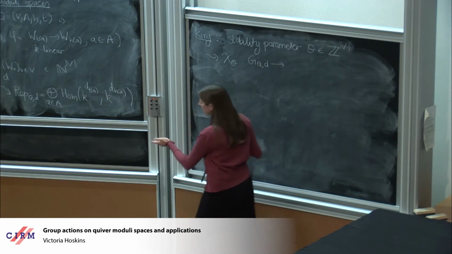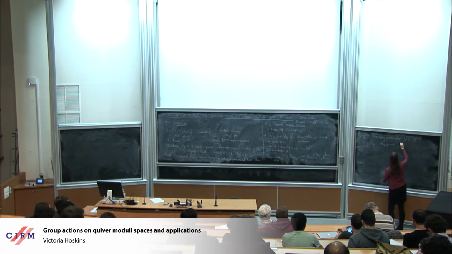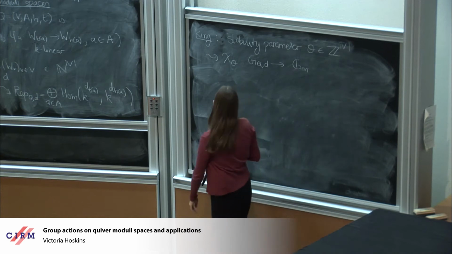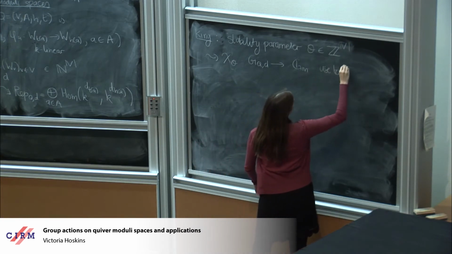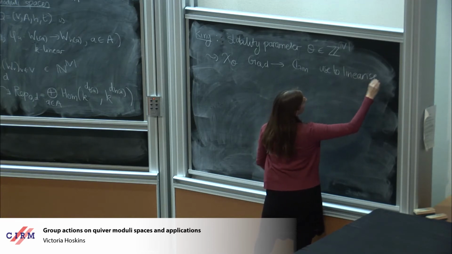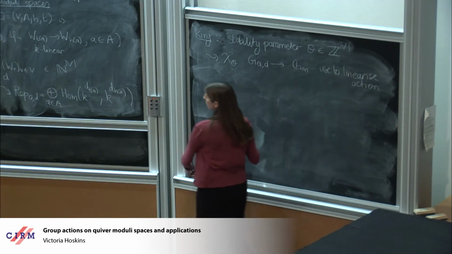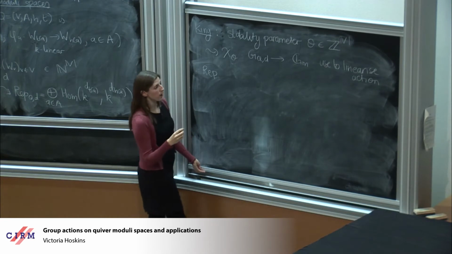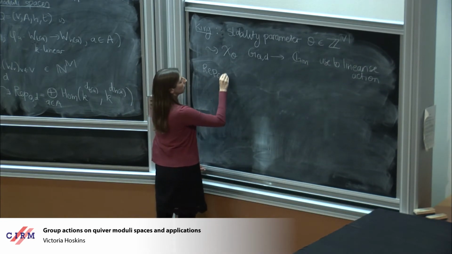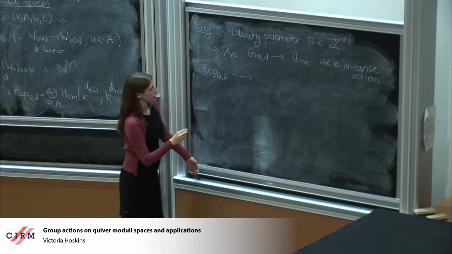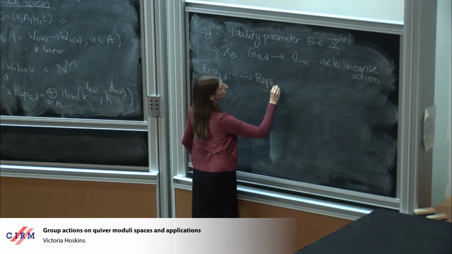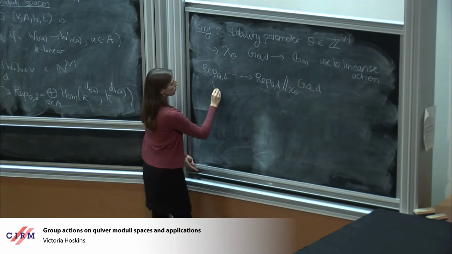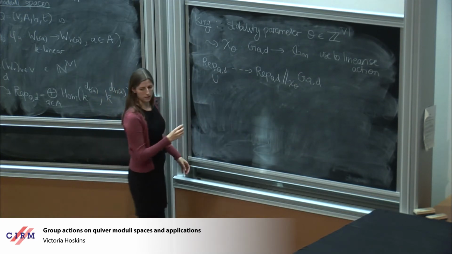The character group of each GL is Z, and so we get a character to the multiplicative group, and we use this to linearize the action. So then we get a moduli space constructed as a GIT quotient. In fact, we get a rational map to our GIT quotient taken with respect to this character, and it's precisely defined on the open subset of GIT semi-stable points.